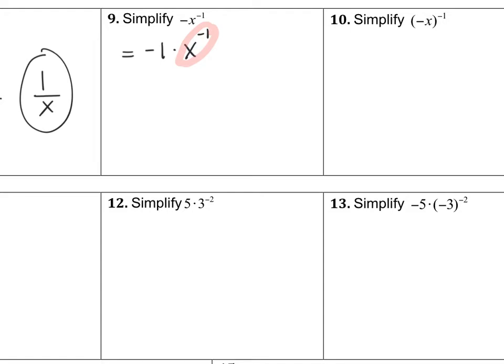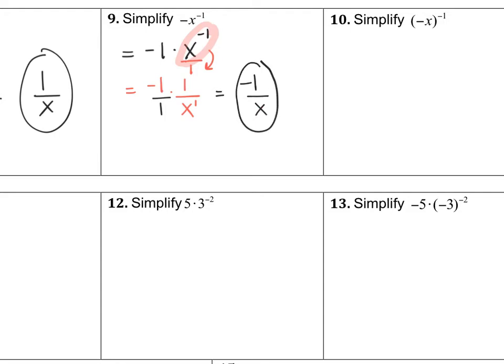How I can write this is I leave the negative 1 on top. This x to the negative first is technically over 1, and in order to make it positive, I flip it and make the exponent positive, times 1 over x to the positive first. We multiply across: negative 1 times 1 is equal to negative 1. 1 times x to the first is just x to the first.